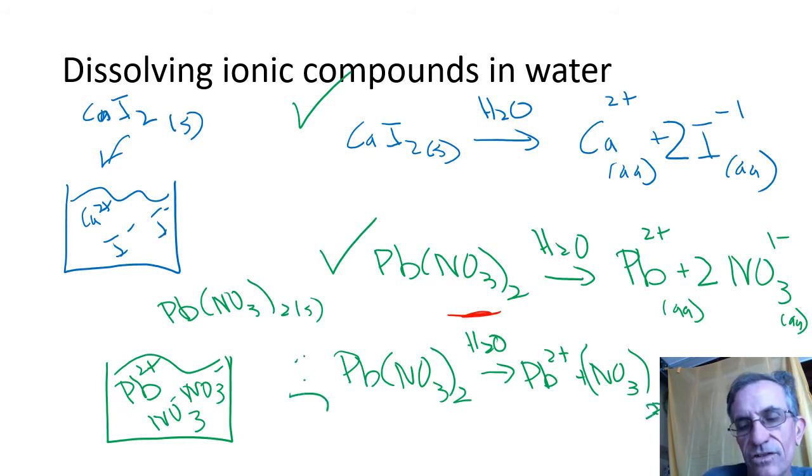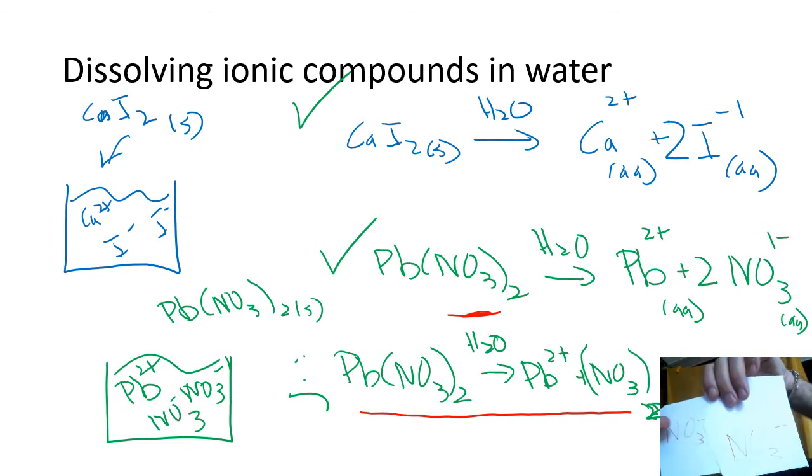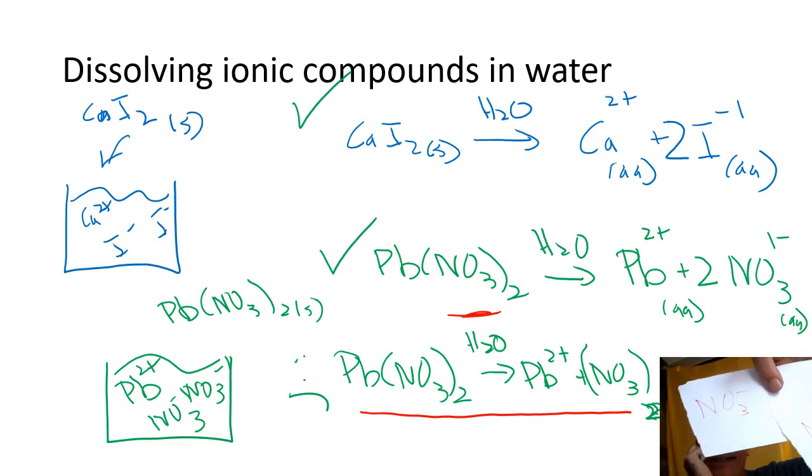So there's a 2 here. Sometimes people will do that. If you write a subscript 2, that's a problem, because subscripts show me when things are connected. So if you wrote it this bottom way, there's a problem. You would be telling me the nitrates are still stuck to each other.